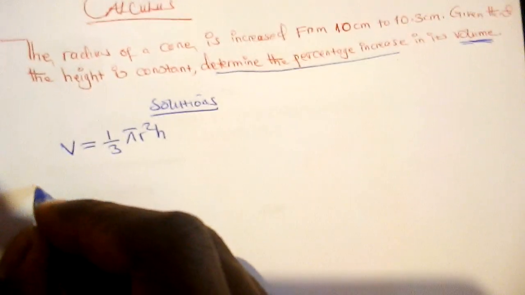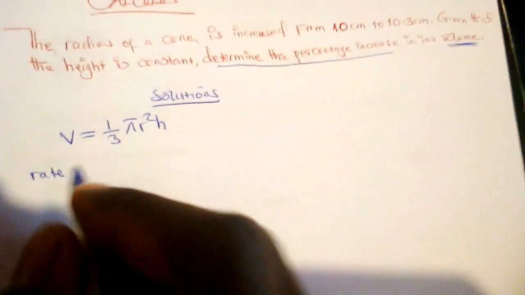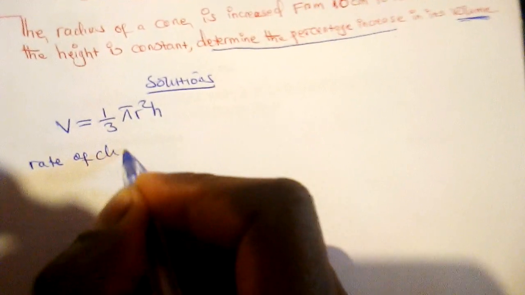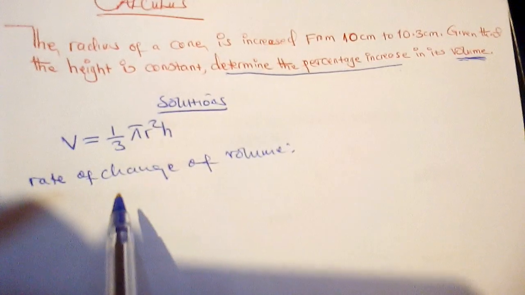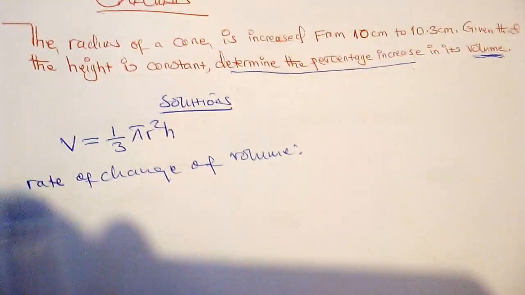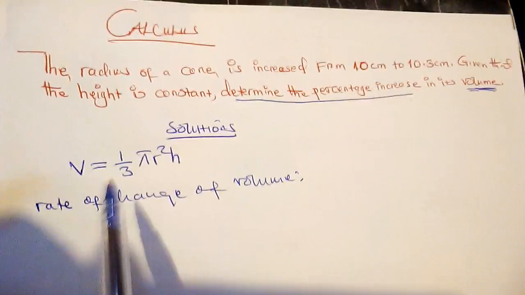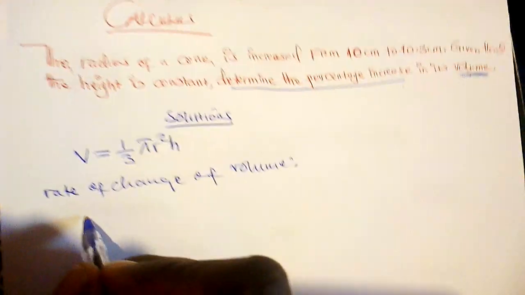So the rate of change of the volume, that's what we're going to do. Of course with respect to r, so we're going to say dV/dr.